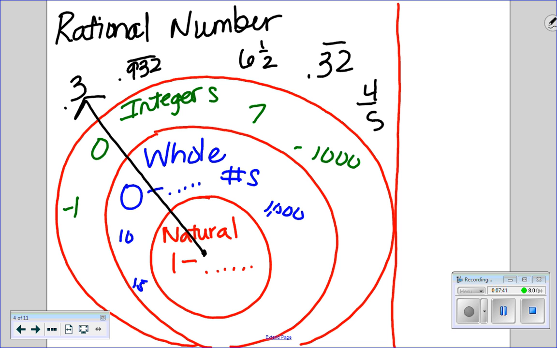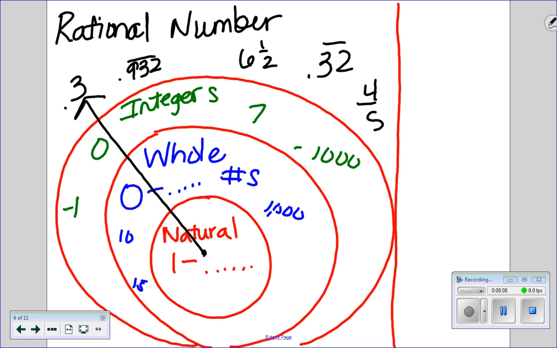I'm just going all the way out to rational numbers. So, how they're going to use this, and we're going to use this in other places throughout the year too. So don't lose this. This is a big deal because we're going to use this again.